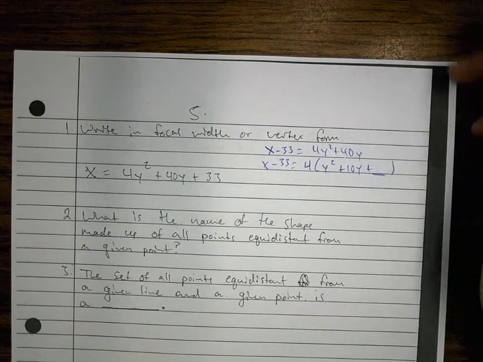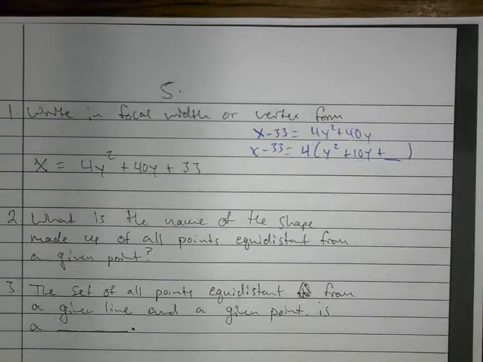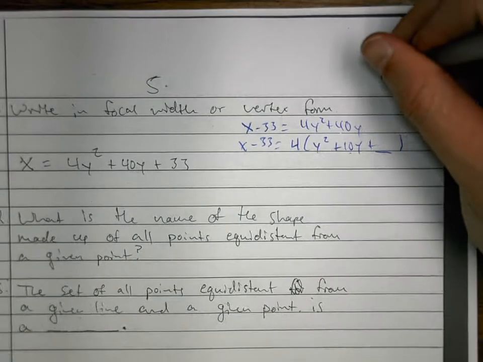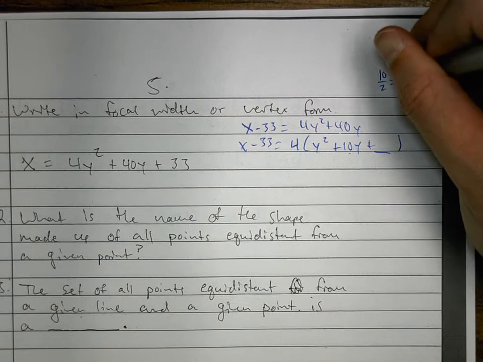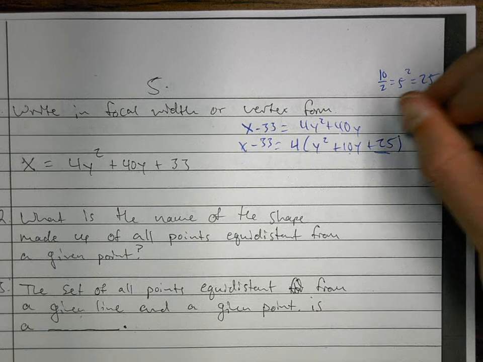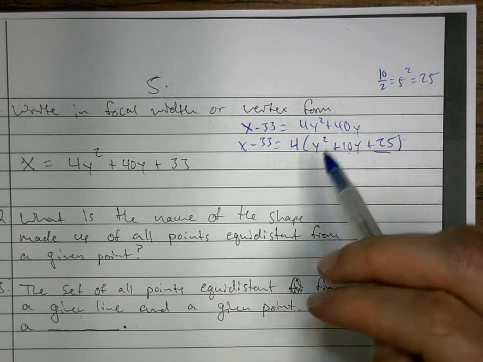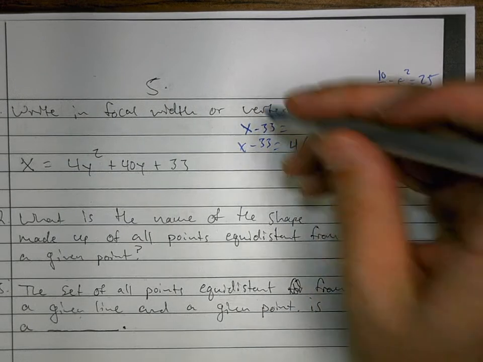So from here, we got to complete the square. We're going to use the 10 to complete the square here. So 10 divided by 2 is 5, and 5 squared is 25. So we're going to add 25 to the right, but we're not really adding 25. We're adding 4 times 25, which is 100.